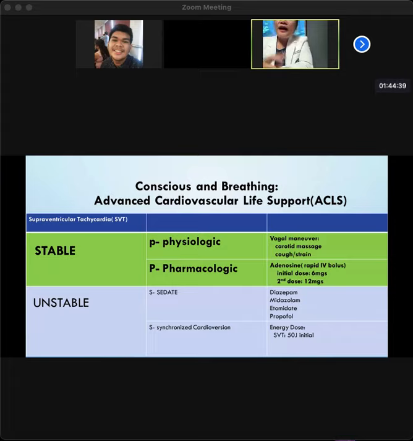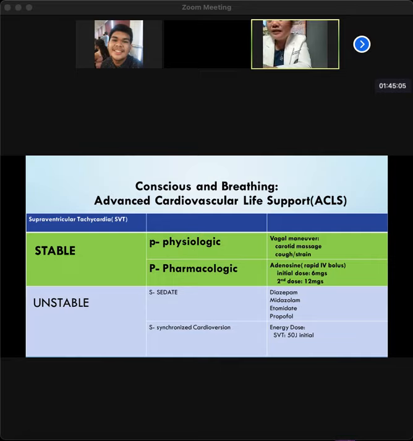Okay? However, if the patient goes to unstable state, okay, the patient's BP is now 80/60, then you can opt to do your synchronized cardioversion. However, at ACLS, the patient is conscious, di ba? Naintindihan?